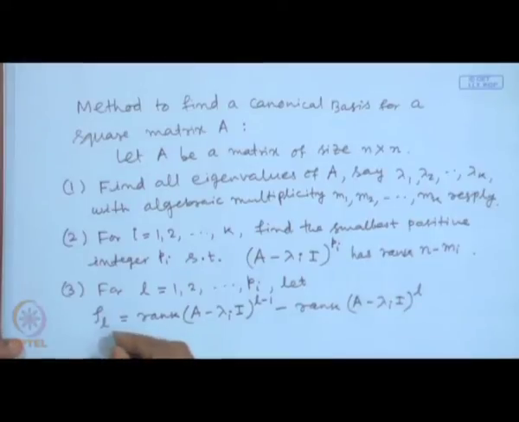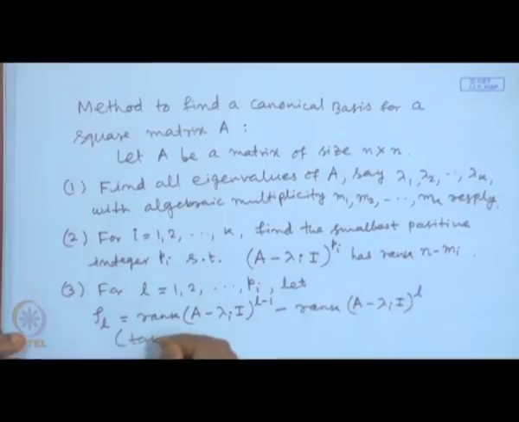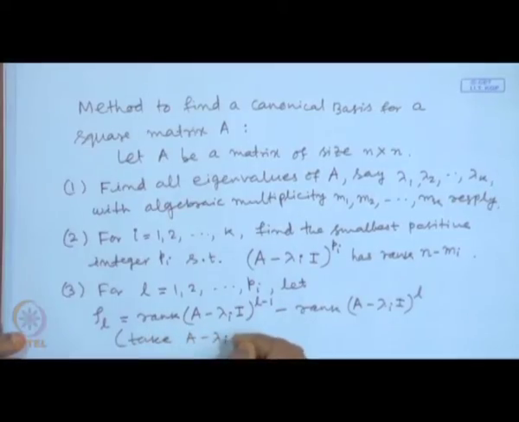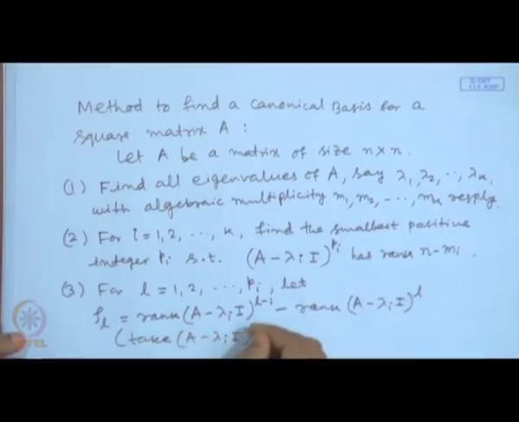Of course, here we take (A - λ_i I)^0 to be the identity matrix.